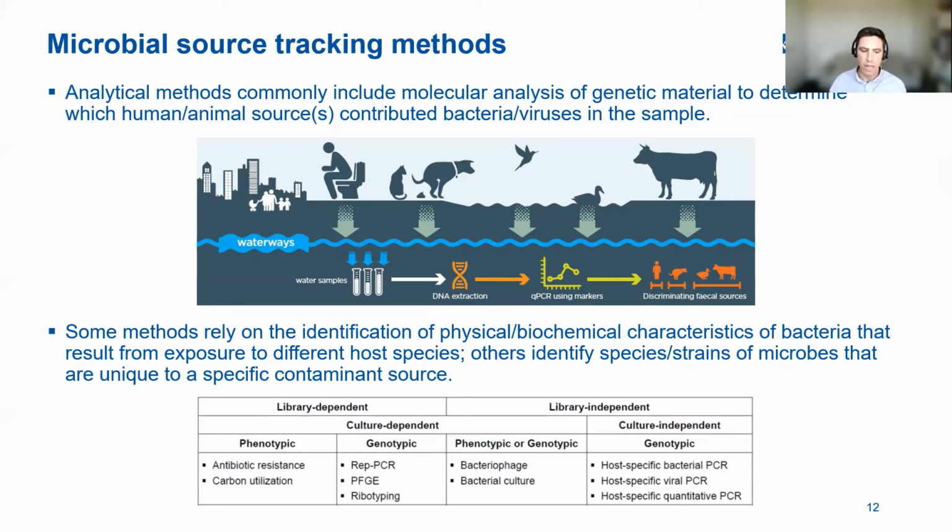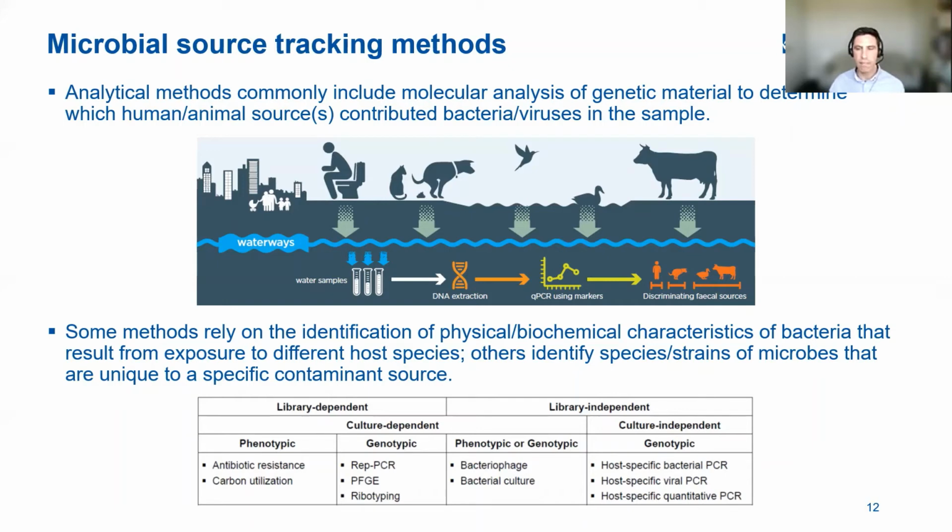Some methods really depend on the identification of physical and chemical characteristics of the bacteria that are exposed to different host species. Other methods really identify species or strains that are unique to a specific contaminant source.